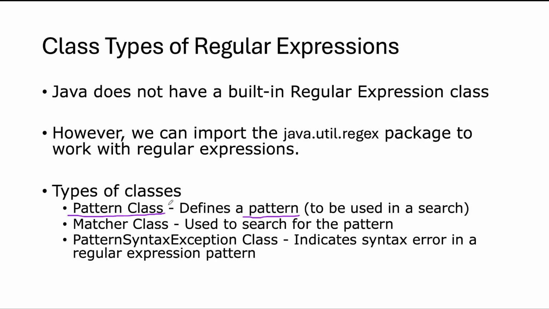Next, you use the Matcher class. As you can see, Matcher tries to match the given pattern from the former class. Then you can check whether there are any errors using PatternSyntaxException. So we have these three classes in regular expressions.